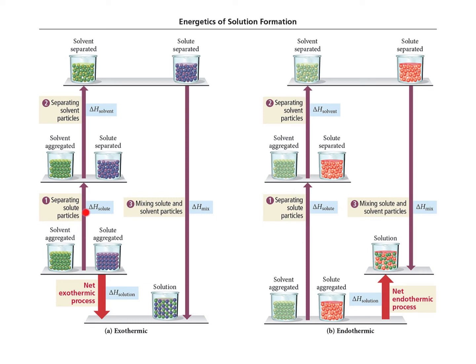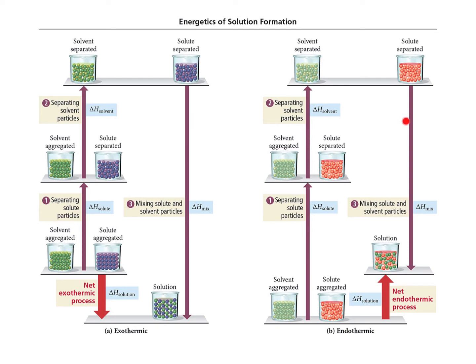So we're separating the solute particles, so the solutes are further apart. Then we're separating the solvent particles, so the solvents are farther apart. So now everything's separated, and then when we bring those together, we might call this the enthalpy of mixing, right? That's the energy given back when we now form the new interactions between the solvent and the solute.